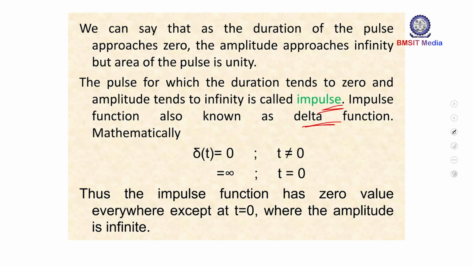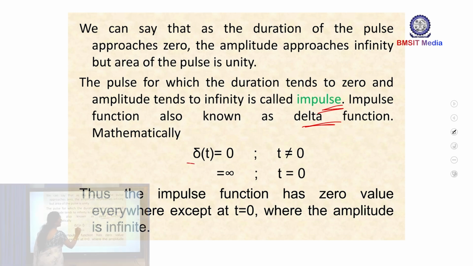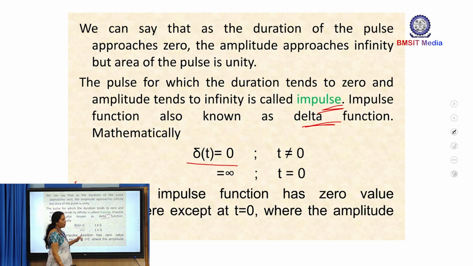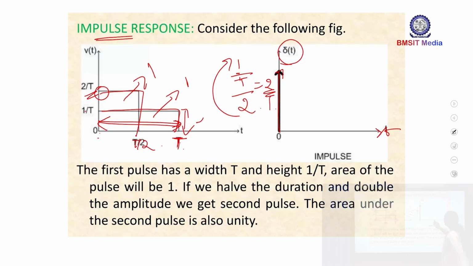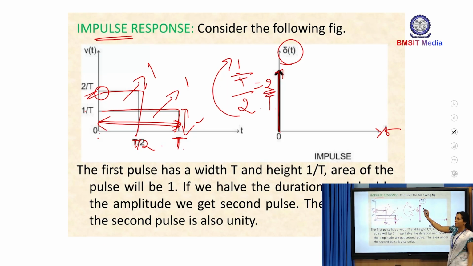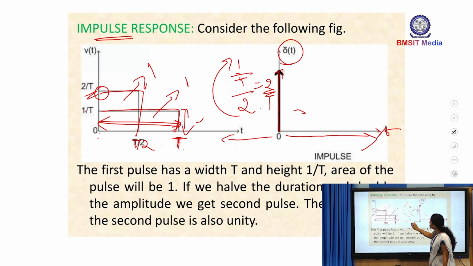I can write this mathematically as delta of t is equivalent to 0 when t is not equivalent to 0. Why am I writing this as t is not equivalent to 0? If you check this particular waveform, only at 0 you are having an output. Apart from that, for all the other values, either on the positive side or the negative side, I don't have any output.